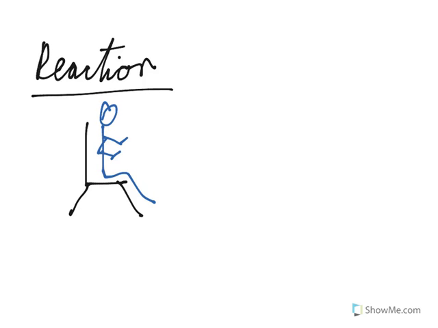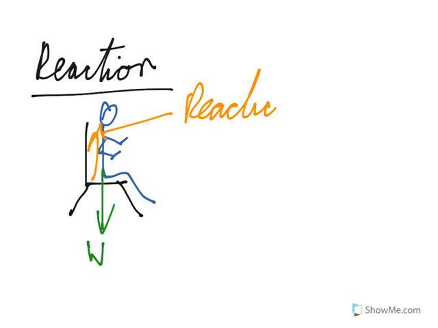You have a weight force trying to drag you down. The fact that you don't fall down means something's holding you up. What's holding you up is the force of the chair on you. You probably can feel that if you think about it. Your weight force is down, and then the reaction is the chair on you.